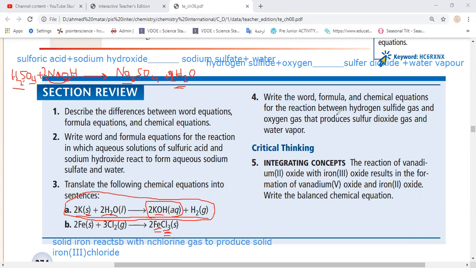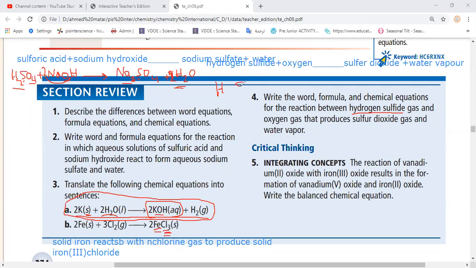So who can tell me what is the formula of hydrogen sulfide? Hydrogen sulfide, guys. HSO4? No, that's sulfuric acid. Hydrogen sulfide. So what is the symbol of hydrogen, Yasin? H. And what is the symbol of sulfur, Sully?